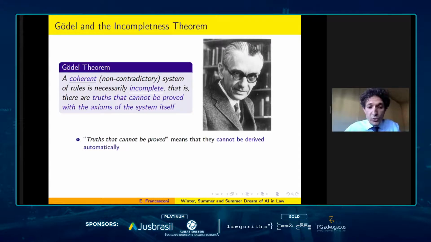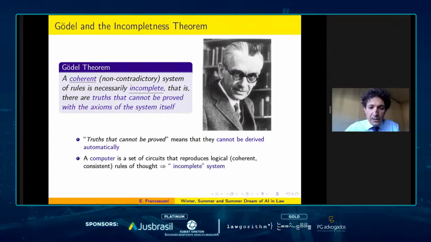Now, truths that cannot be proved means that they cannot be derived automatically. Now we can say that a computer is a set of circuits that reproduces logical, coherent, and consistent rules of thought. So basically, a computer is an incomplete system. But humans seem to act differently. Humans guess as true claims not derived automatically. They guess the axioms.